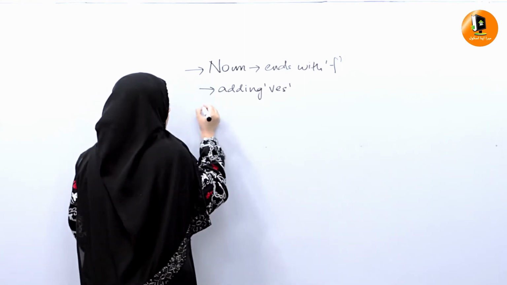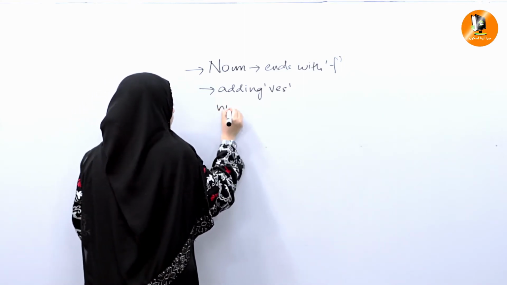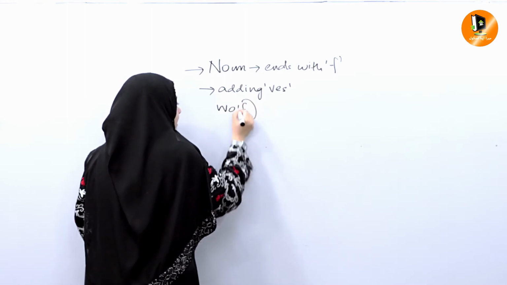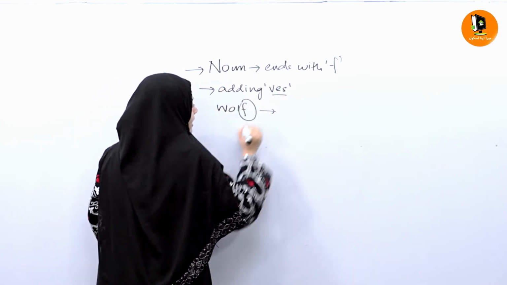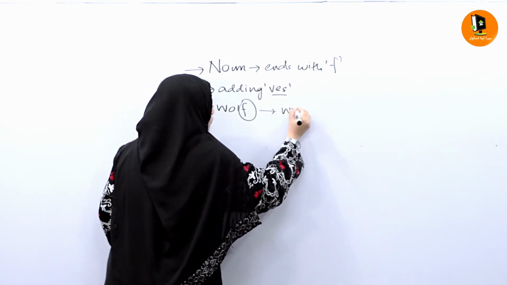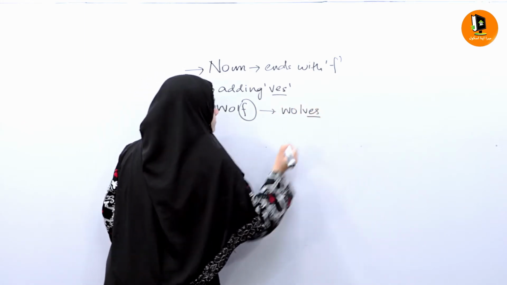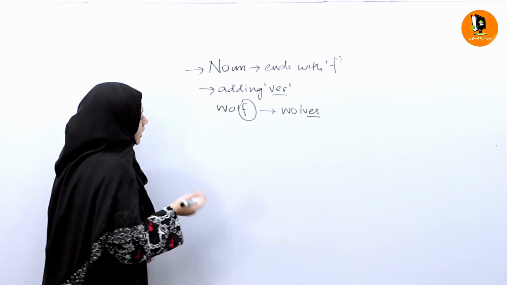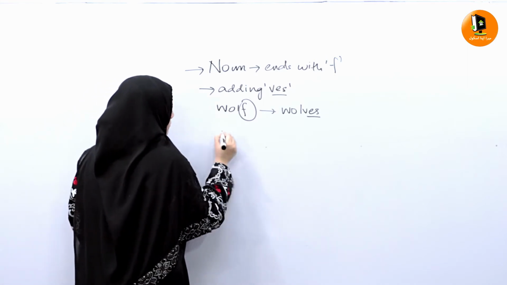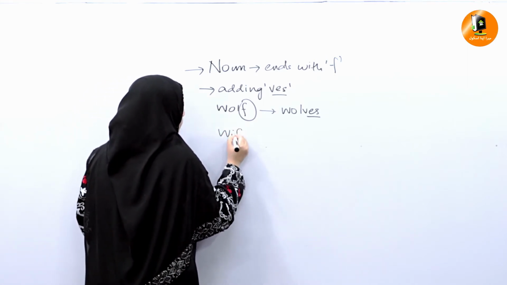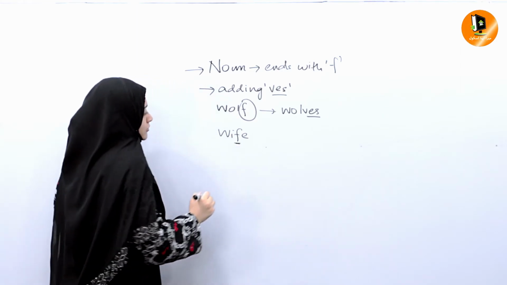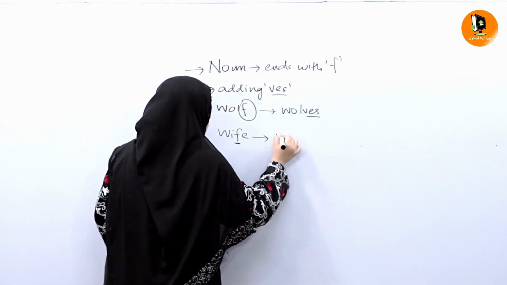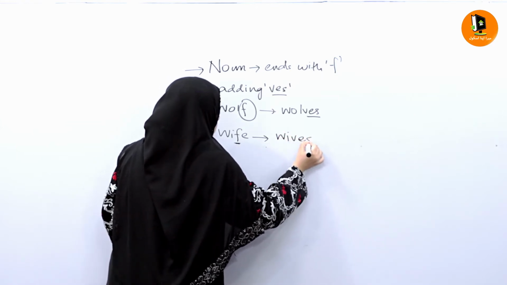For example, wolf ends with an F, add VES and make it wolves. Simple. Again, we have the word wife. Again, there is an F, so it can be changed into wives.